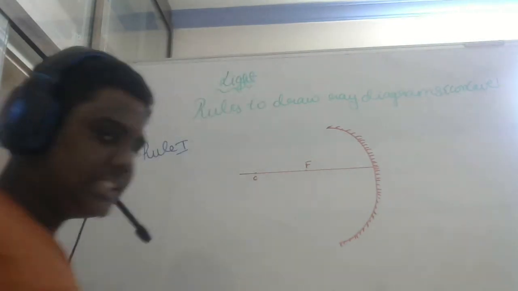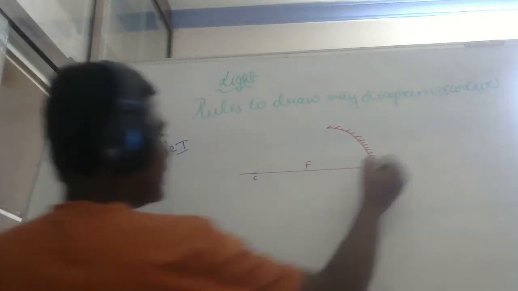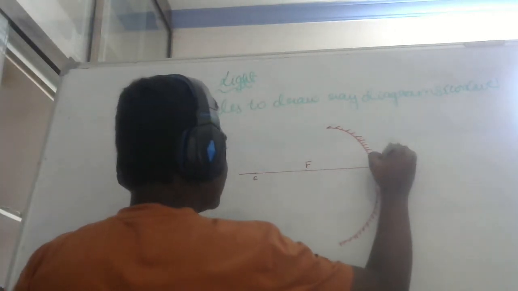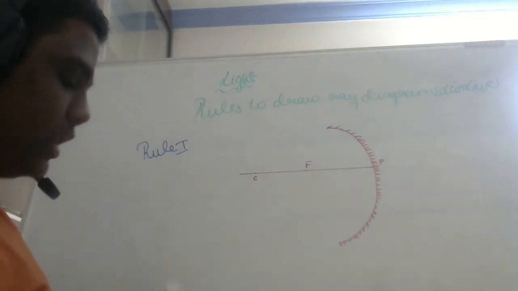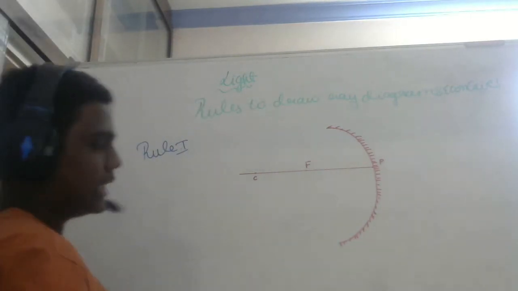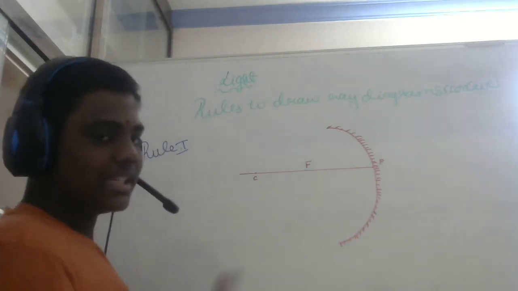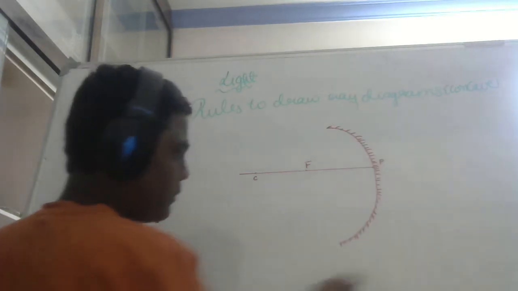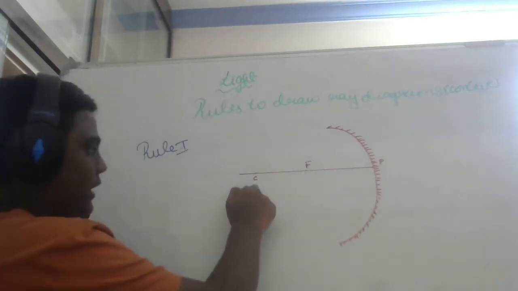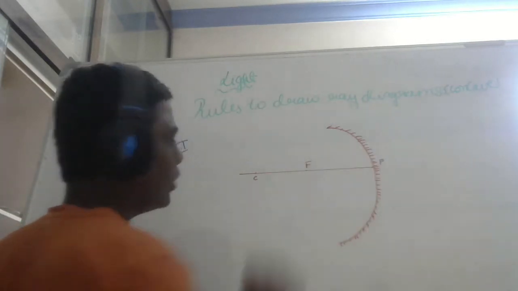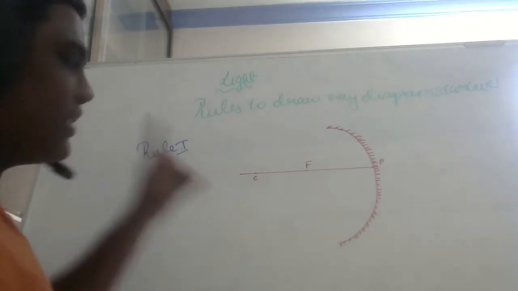We've already seen what center of curvature and focus are, and the point here is known as pole. For drawing any ray diagram, this is the basic step: draw a concave mirror, draw a principal axis, and put the points center of curvature, focus, and pole on the principal axis. So this completes the first task.